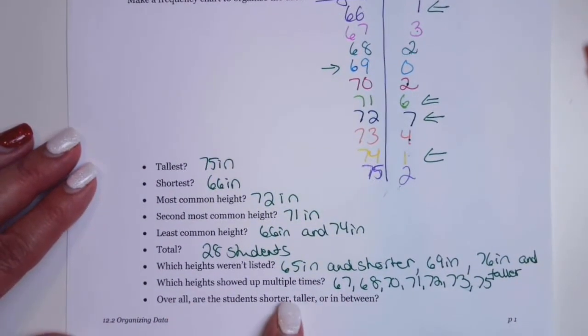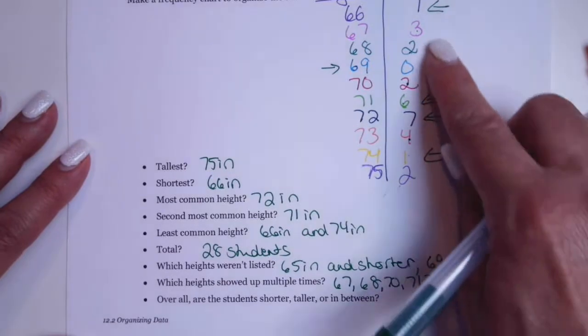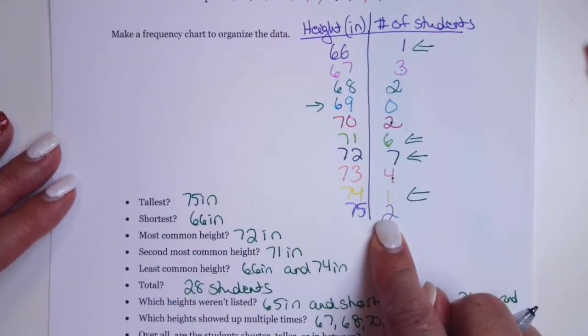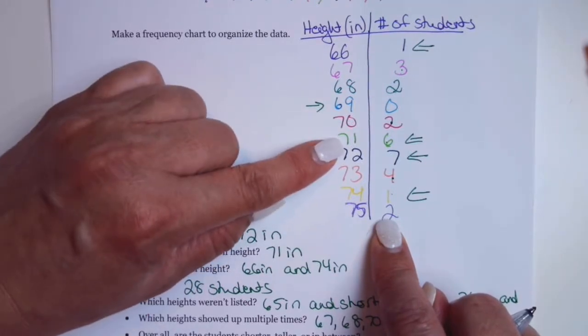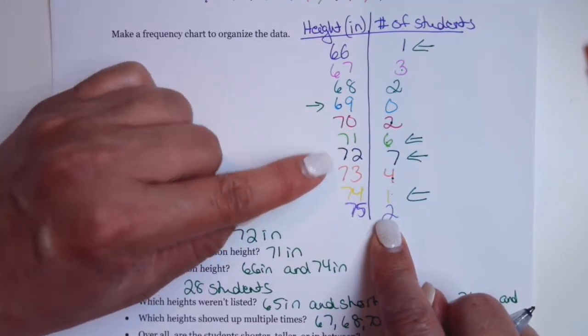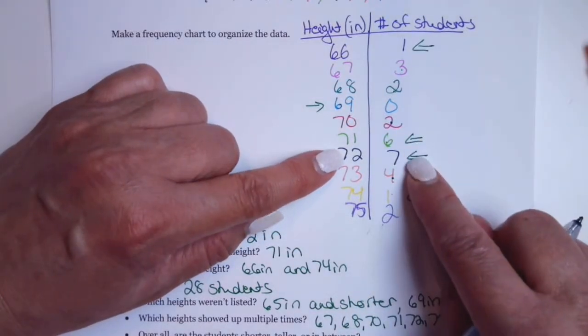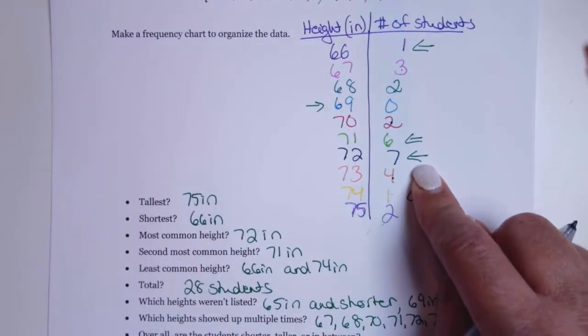Overall, are the students shorter, taller, or in between? So now we need to kind of look at what number of students are where. So we can see 71 and 72 are the ones that have the most.